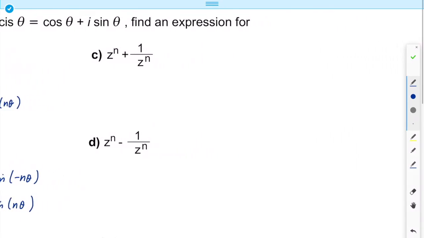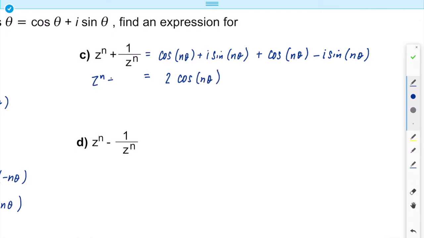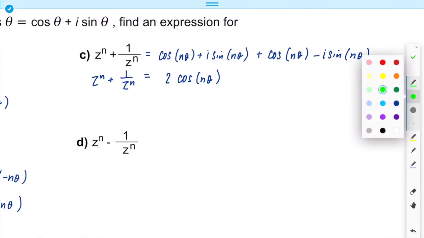So z to the power of n, we found to be cos n theta plus i sine n theta. 1 over z to the power of n, so z to the power of negative n, we found to be cosine n theta minus i sine n theta. So it turns out that this is 2 times the real part. Okay, and I'm going to rewrite this and put a box around this expression just because it is useful.